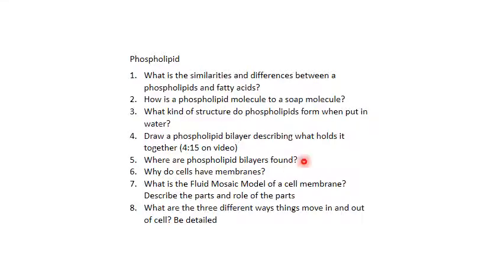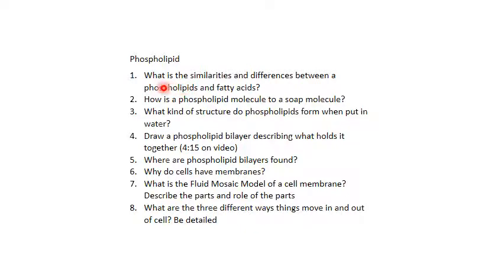All right, next thing is phospholipids. What are the similarities between a phospholipid and a fat? They both have a glycerol, and they both look like triglycerides. The difference is the phospholipid replaces one of the fatty acids with a phosphate group.